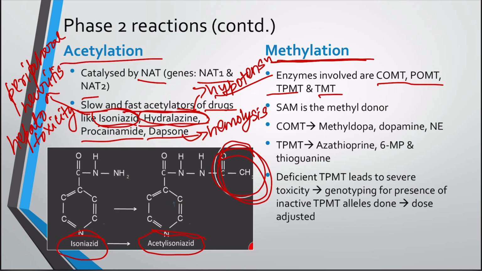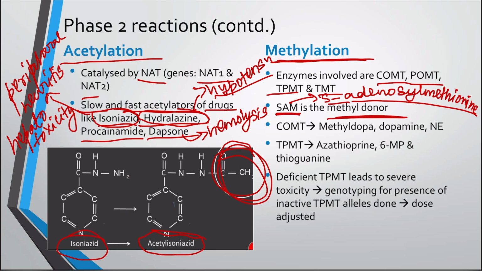This methyl group is being donated by the molecule SAM, that is S-adenosyl methionine. So S-adenosyl methionine is basically the methyl donor which provides the methyl group for the methylation reaction.